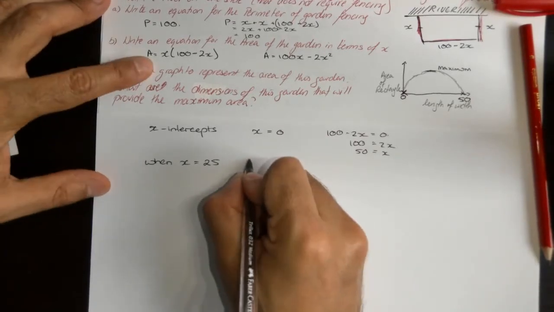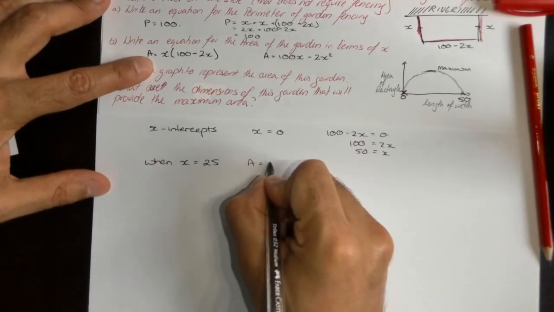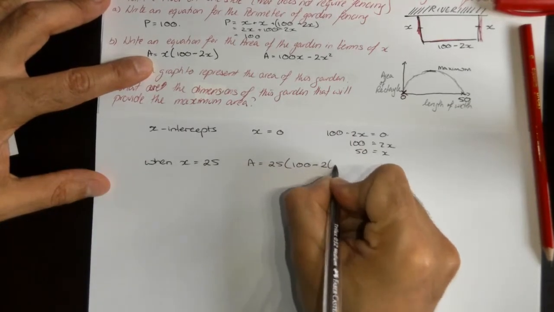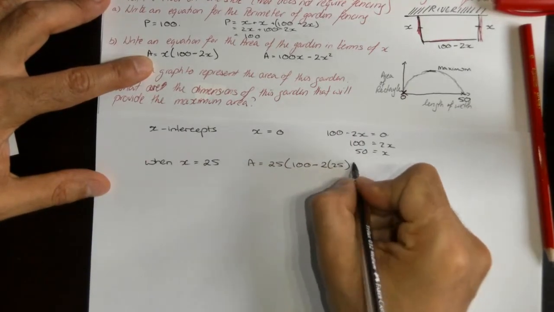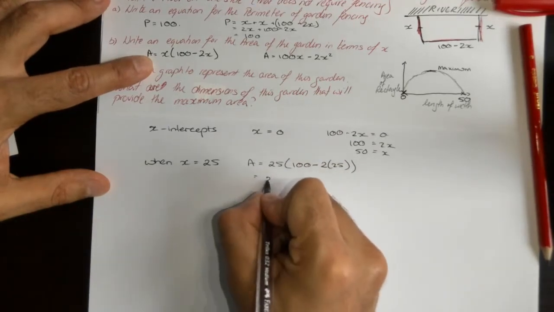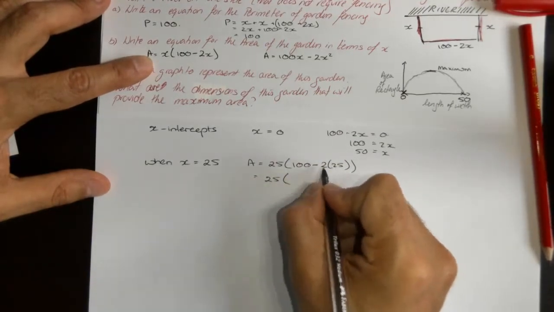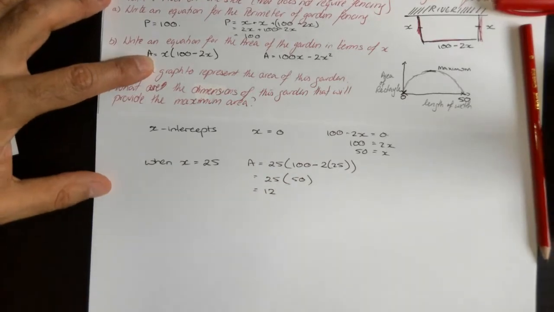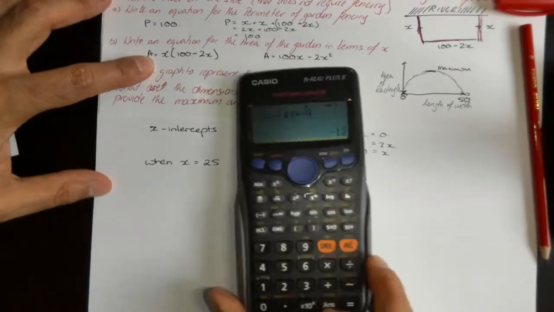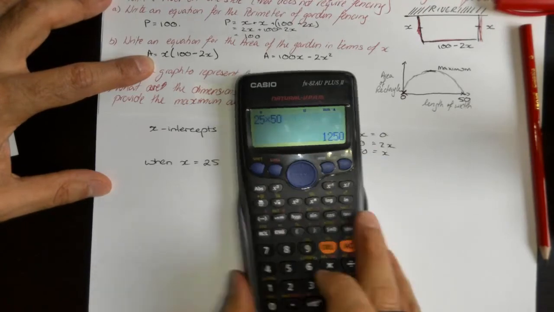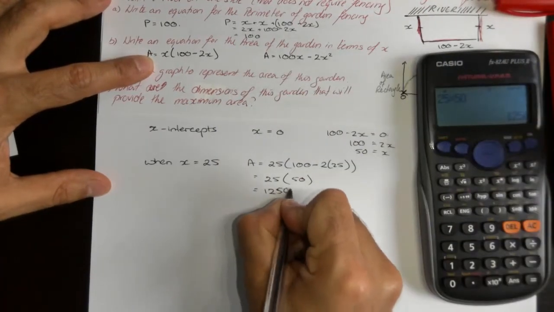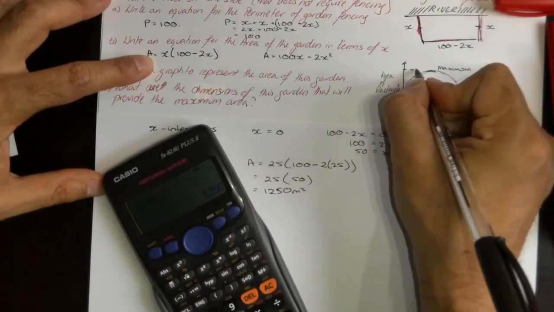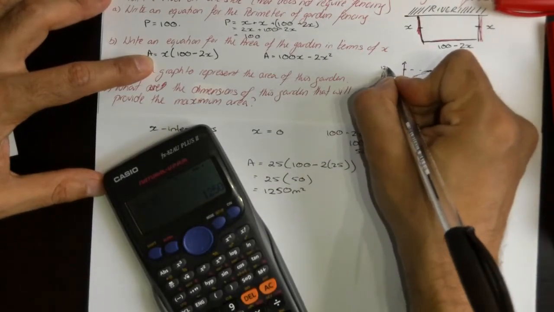We've got our area equals 25 times 100 minus 2 lots of 25. So 25 times 50, 1250 meters squared.